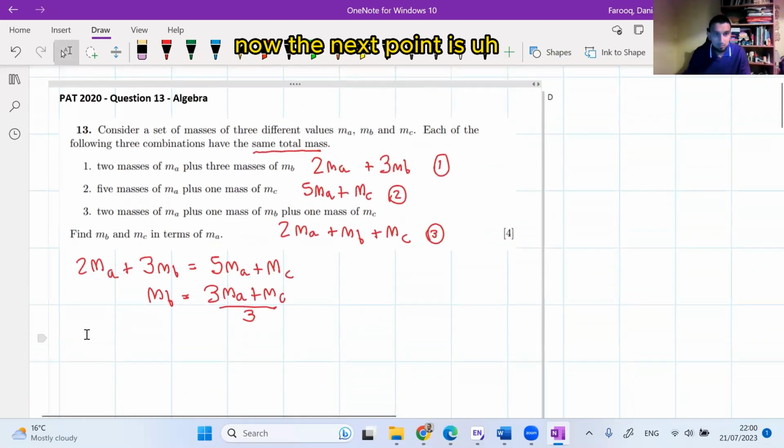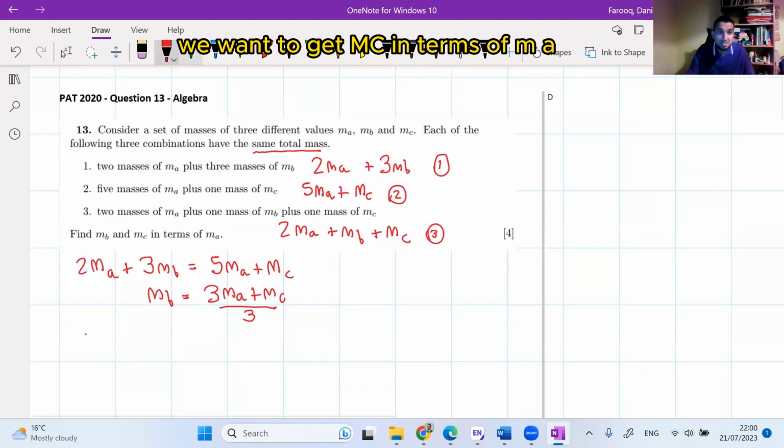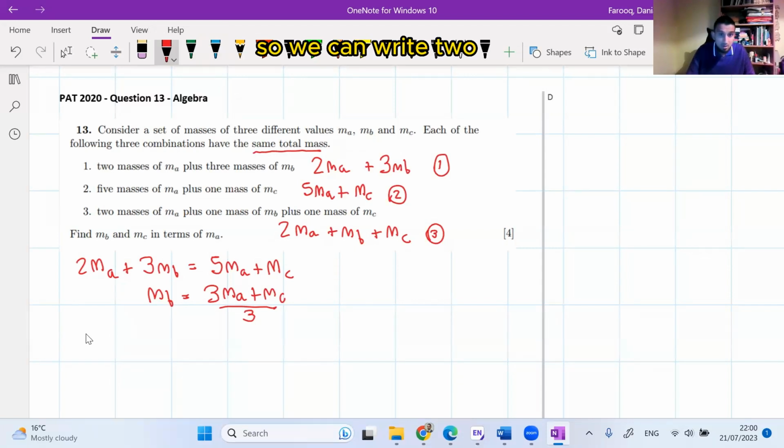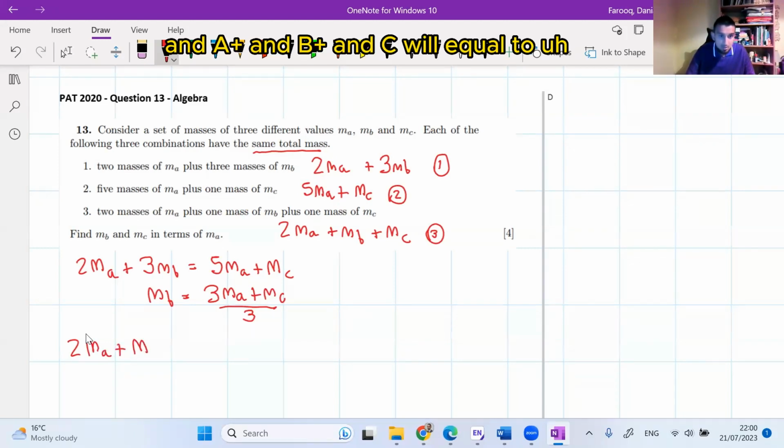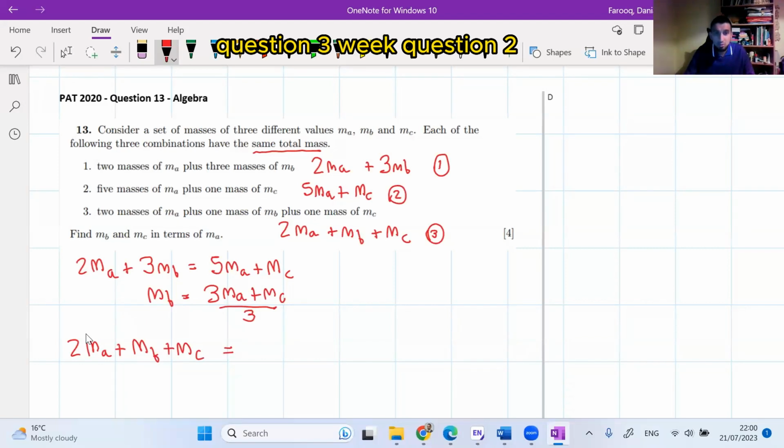Now, the next point is we want to get Mc in terms of Ma. So we can write 2Ma plus Mb plus Mc will equal to equation 3 will equal to equation 2.